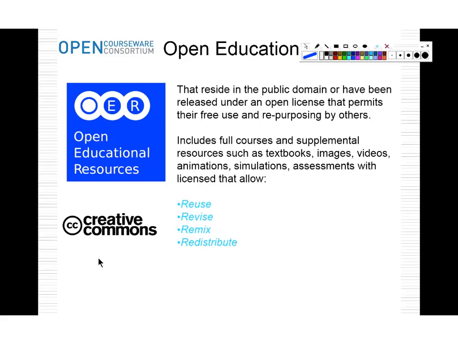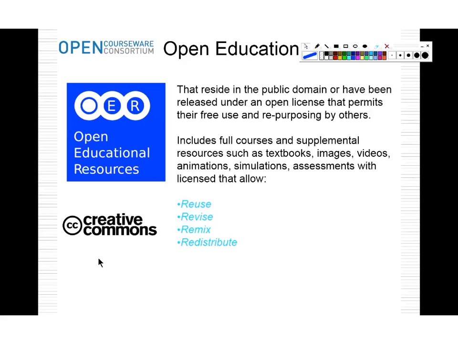So open licensing has become a really important way to help us to share things. And when we talk about OER, it can be any aspect of education, from curriculum sheets, textbooks, images, videos, assessments, etc. And really the power of this is that you can take these materials and adapt them for your students.